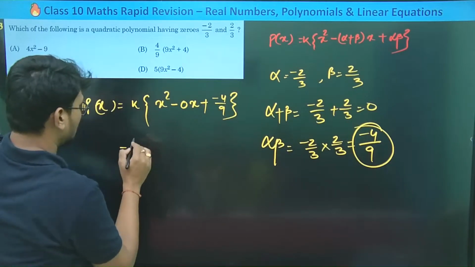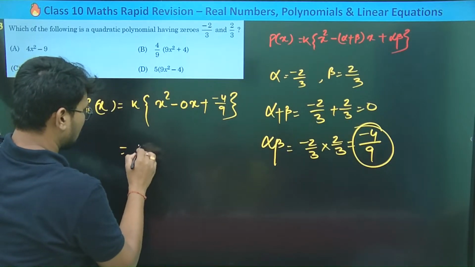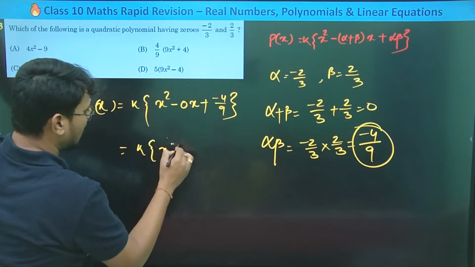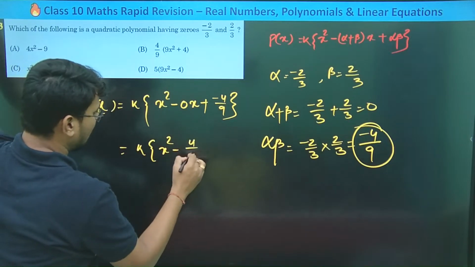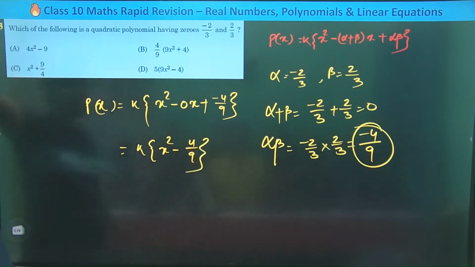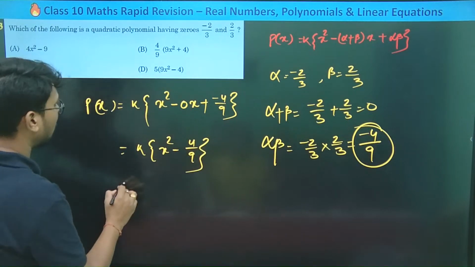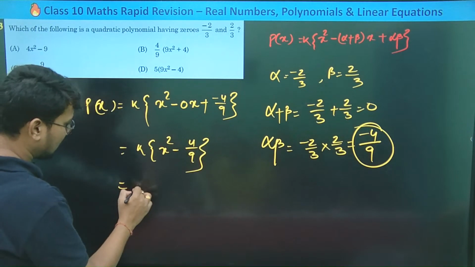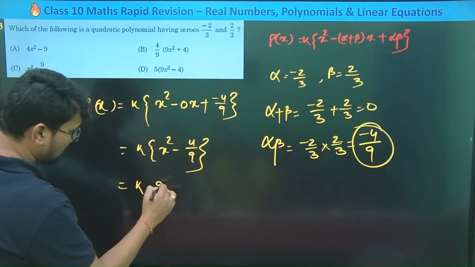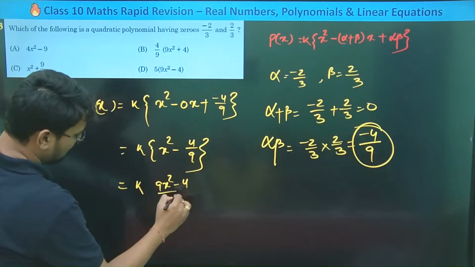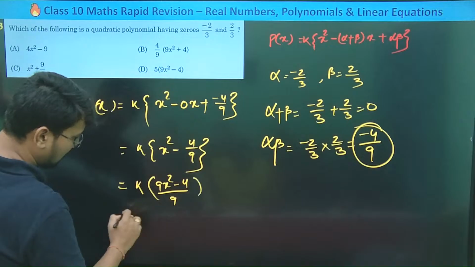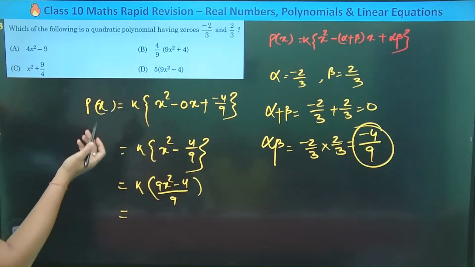So k into x square minus 4 by 9. Let us simplify it. K into x square minus 4 by 9.